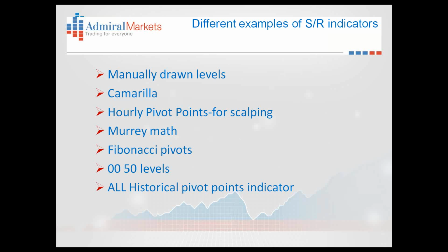If you use indicators for drawing support and resistance lines, you always need to try to find them with a historical prefix, for example historical Camarilla, because those are indicators which are best used on higher time frames.